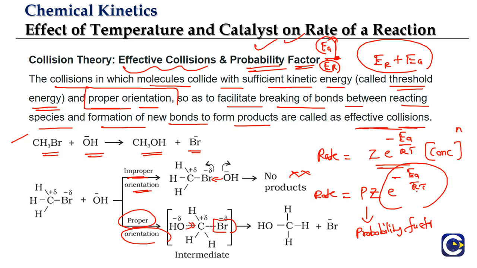The only difference here is that in the Arrhenius expression, the A value is just discussed as a constant. Not much theoretical explanation is provided as to what this value of A is. But here in the collision theory, we are trying to understand how this Z is coming and how the Z will be modified by using the probability factor. So this is about the collision theory of the rate constant.